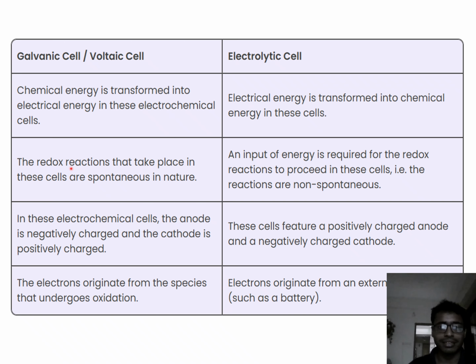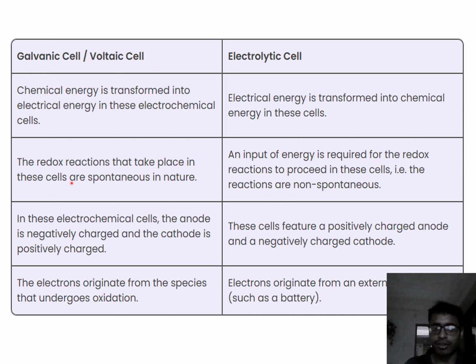So here we can see the differences between galvanic cell and electrolytic cell. Chemical energy is transformed into electrical energy in these electrochemical cells. Here, electrical energy is transformed into chemical energy. The redox reactions that take place in this cell are spontaneous in nature, and input of energy is required for the redox reaction to proceed in these cells.